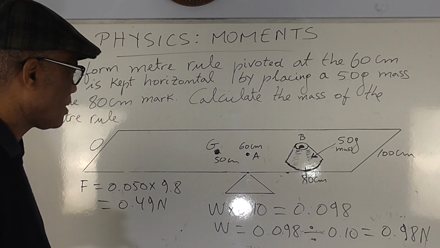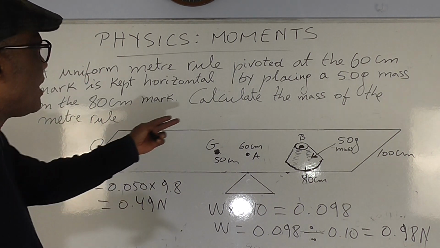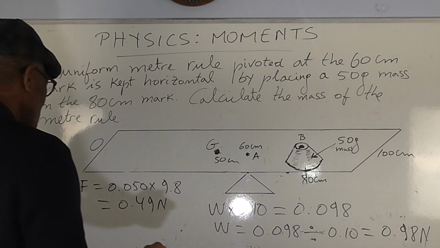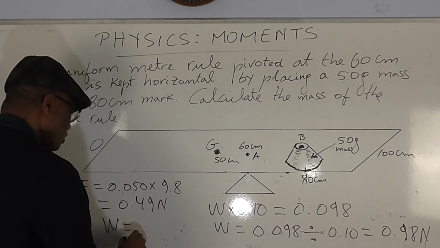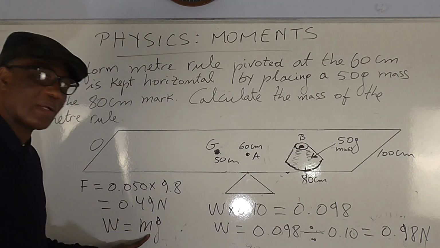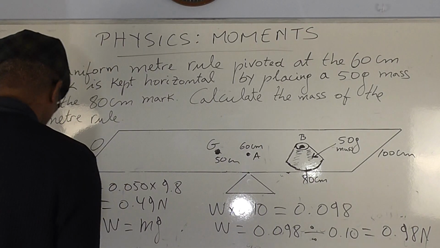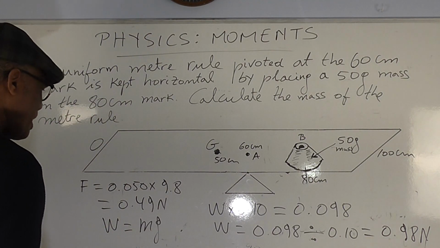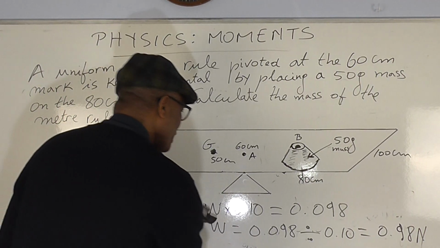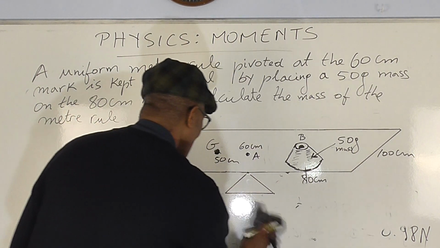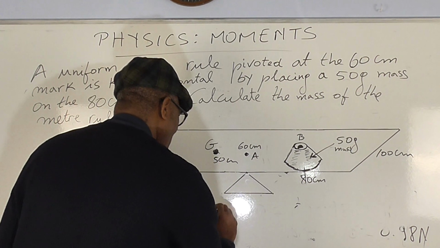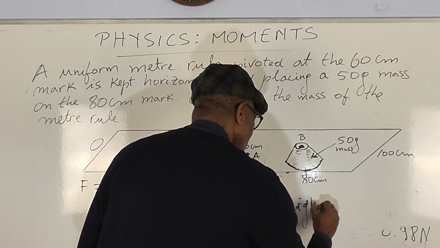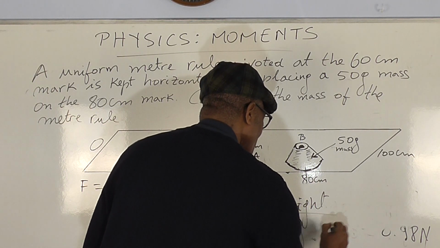Because this is the weight, we need to calculate the mass. We know that the weight is equal to mass multiplied by gravity. So the mass will be weight divided by g.